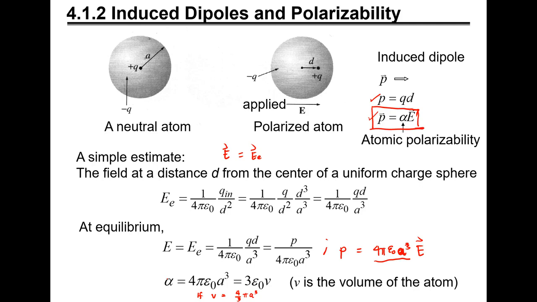This value of alpha is accurate to within a factor of 4 for many simple atoms. But for molecules, the situation is not so simple, since molecules polarize more readily in some directions than others.